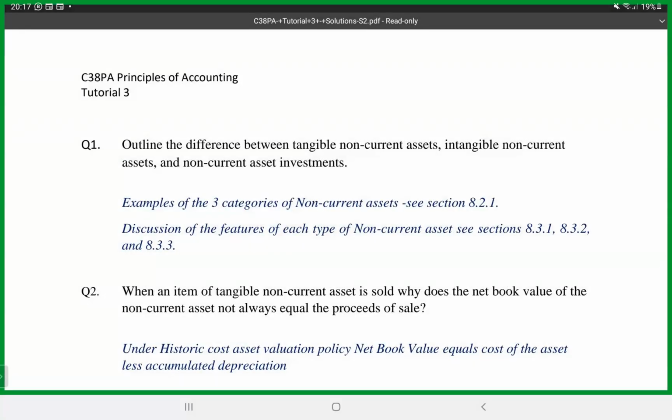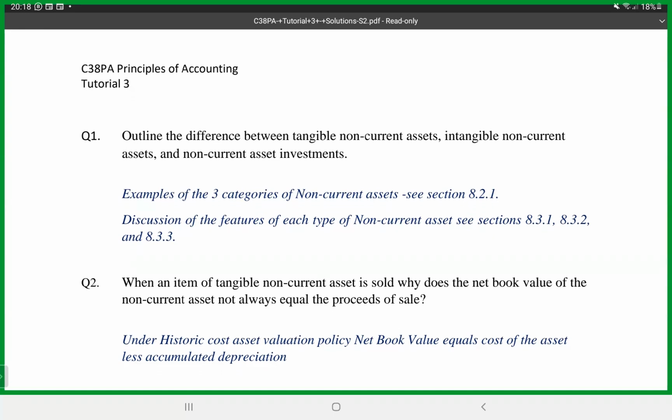These were the solutions that were prepared for you, right? You can go through them as we cement this understanding. With this one, it was just saying that when it was time to outline the difference between the tangible non-current assets and the intangible non-current assets, non-current asset investment, you just need to go to the notes, and that is what is there, and then you will be fine.